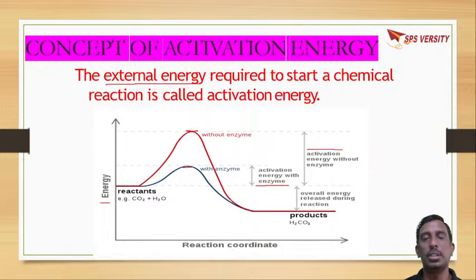Due to this, the reaction will proceed faster, as a high level of activation energy will slow down the reaction. It proceeds very, very slowly. So this is what enzymes do in a catalyzed reaction. They decrease the activation energy.